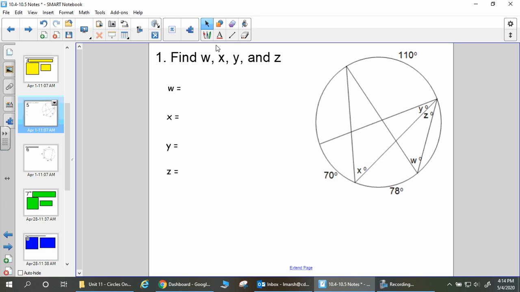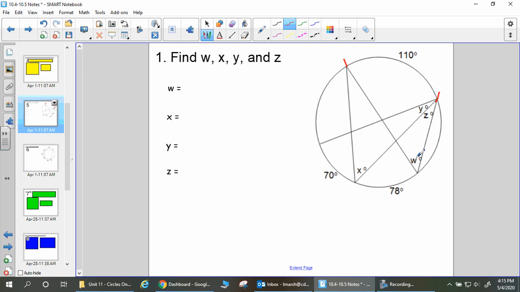If it doesn't work, it doesn't matter. So here's W right here. Notice it's in this angle. So what I'm going to do is follow the side up and make a marking. I'm going to follow the other side up and make a marking. Sometimes those little markings help, because now I can see that angle W is opening up and making this 110 degree arc.